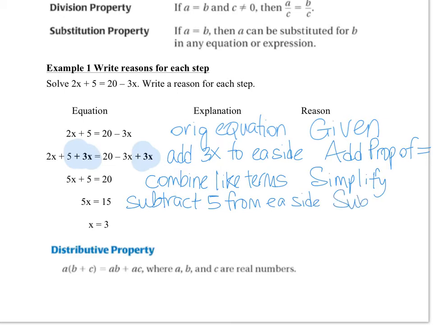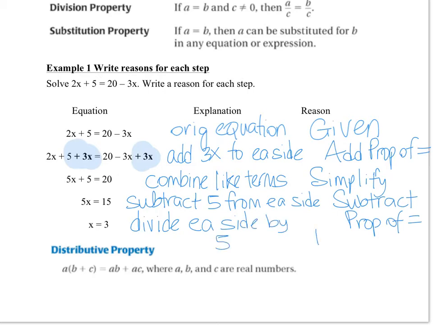So if you abbreviate, you want to make sure that you use enough letters that I can tell the difference between subtraction and substitution, or it will be marked wrong. And then I can see that the 5's missing, and the way I can do that is I divide each side by 5, and that's division property.